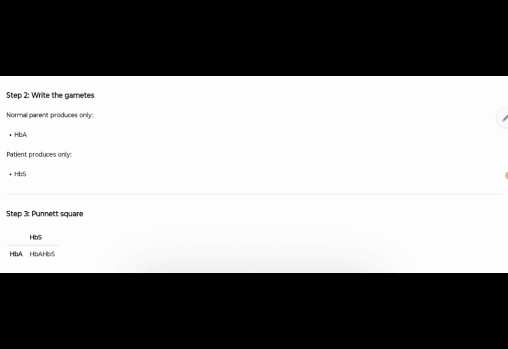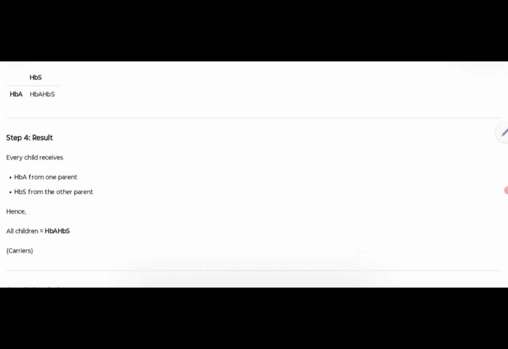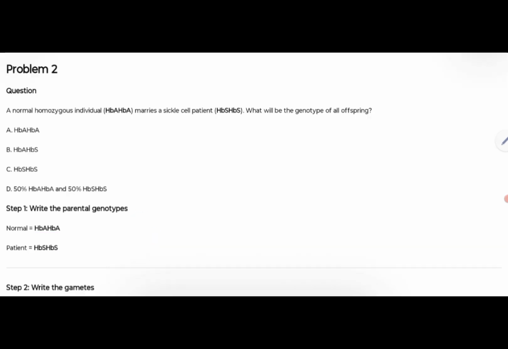The normal parent produces only a single type of allele, HBA, and the patient produces HBS. In the Punnett square, the condition is HBA-HBS, which are carriers. So all children will be HBA-HBS, that is 100% carriers. The answer is option B, all individuals are carriers.